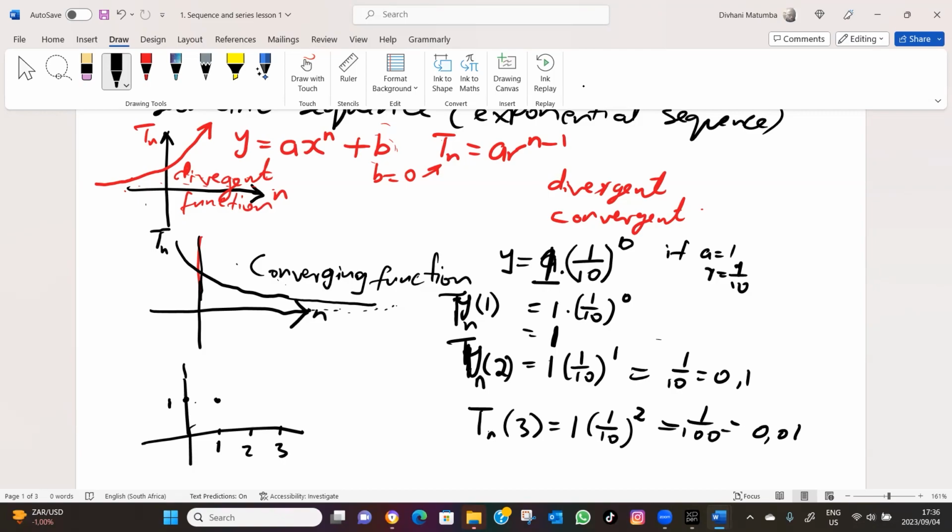When n was 2, we got the Tn equals 0.1. And when it was 3, the Tn was there. So this is the function that you're typically going to get. As you increase the value of n on a function like that, your Tn decreases.